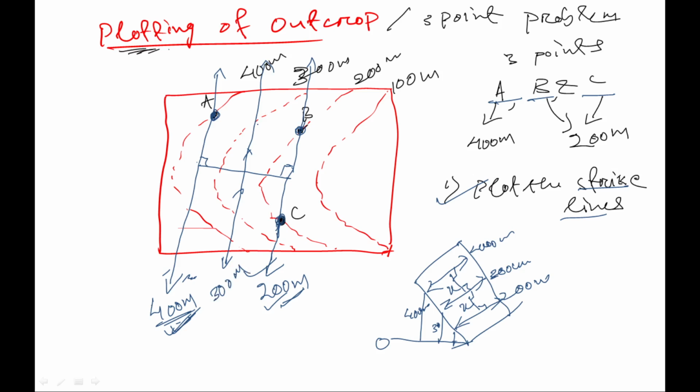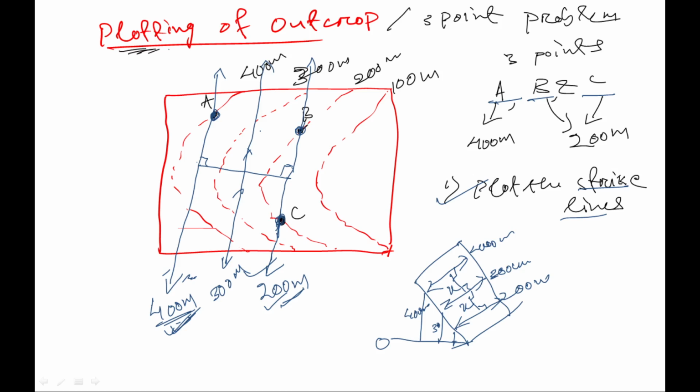See, the map has no point given which is of 300-meter elevation, but I have to know the 2 points which are present on the outcrop as well as present on the contour of 300-meter. So how can I find those 2 points?